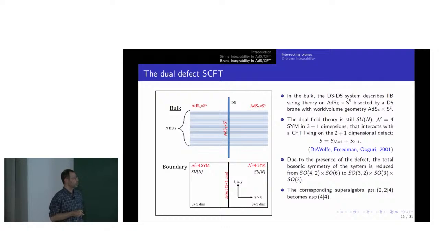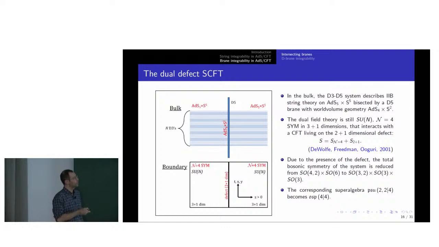Of course, I showed you the Lagrangian of N=4 Super-Yang-Mills, but this immediately implies that there is another superconformal field theory on the defect that interacts with N=4 at x3=0. This was studied by DeWolfe, Freedman, and Ooguri, and also led to the study of spin chains in the defect setup by DeWolfe and collaborators.